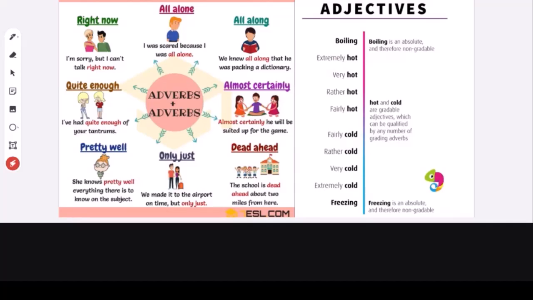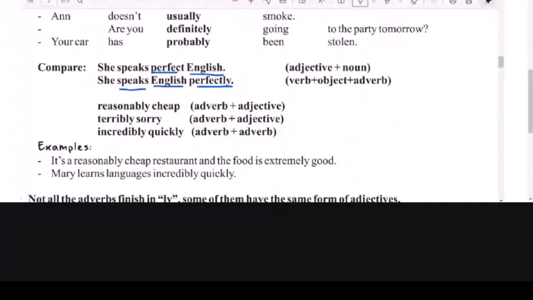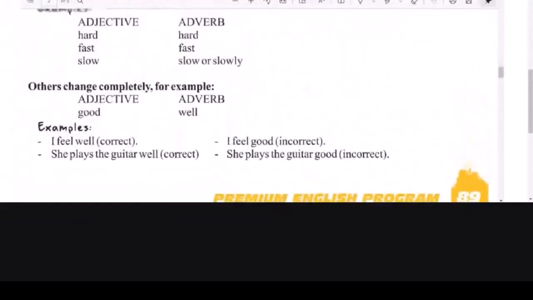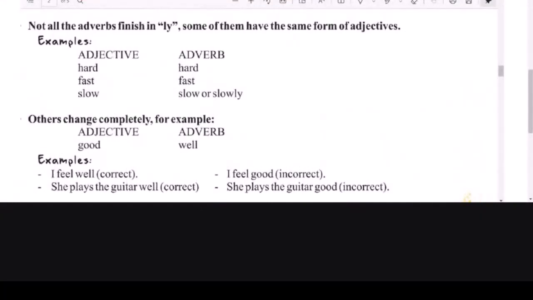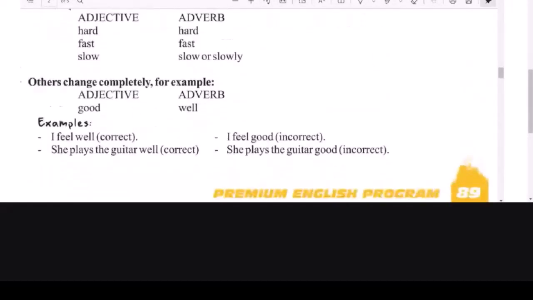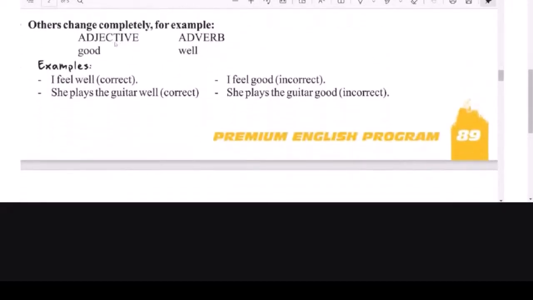So then from there, that's enough theory. I think we can go to the book and do this practice. All right. Yes. Well, you identify the difference, right? There are some exceptions. The adverb and the adjective, they have the same form, but in the context you can see the adjective good and well.